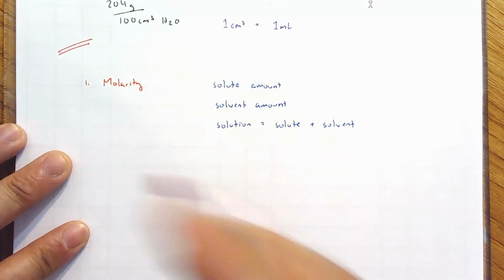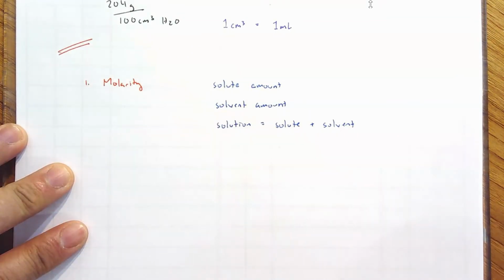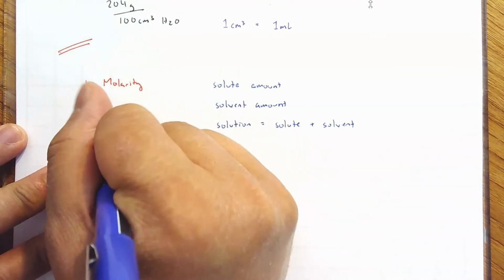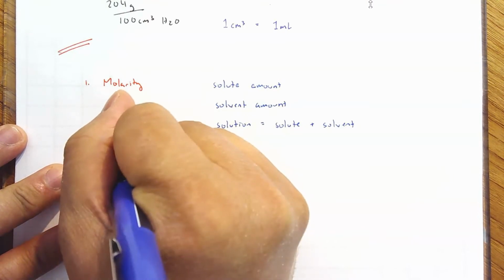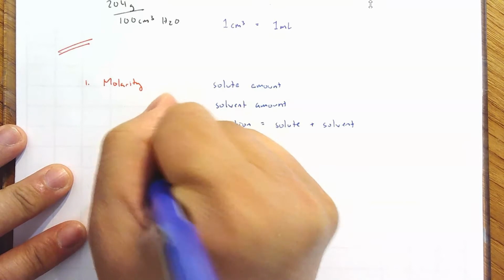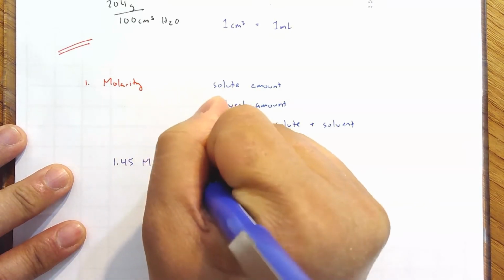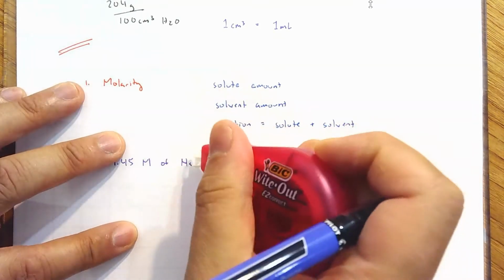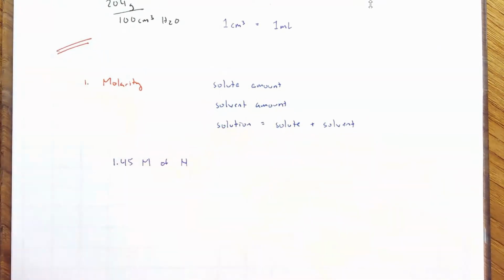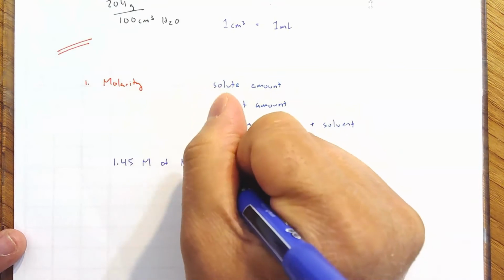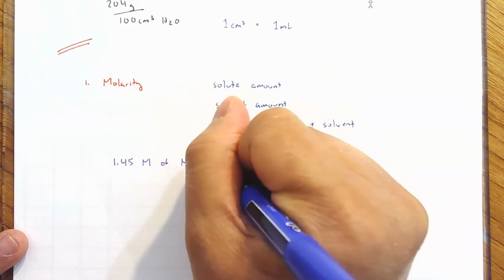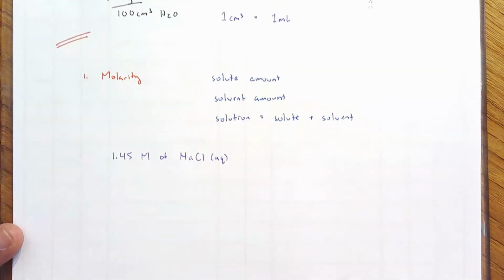Molarity. So molarity, as an example, you could see it as a big M. So 1.45 big M of sodium chloride, NaCl. And then you know that when you dissolve that, sodium chloride will be aqueous.